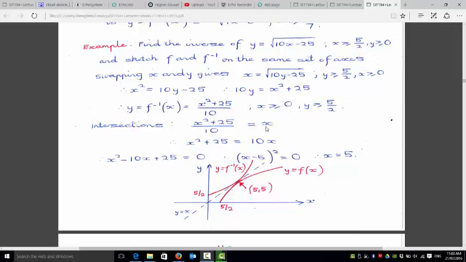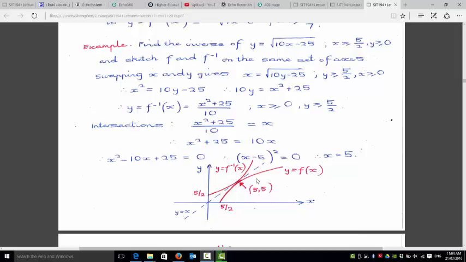So let's come to the sketch. When y is equal to 0, we got x equal to 5 over 2 for the function f(x), and because we have the intersection point, we can draw a line like this.